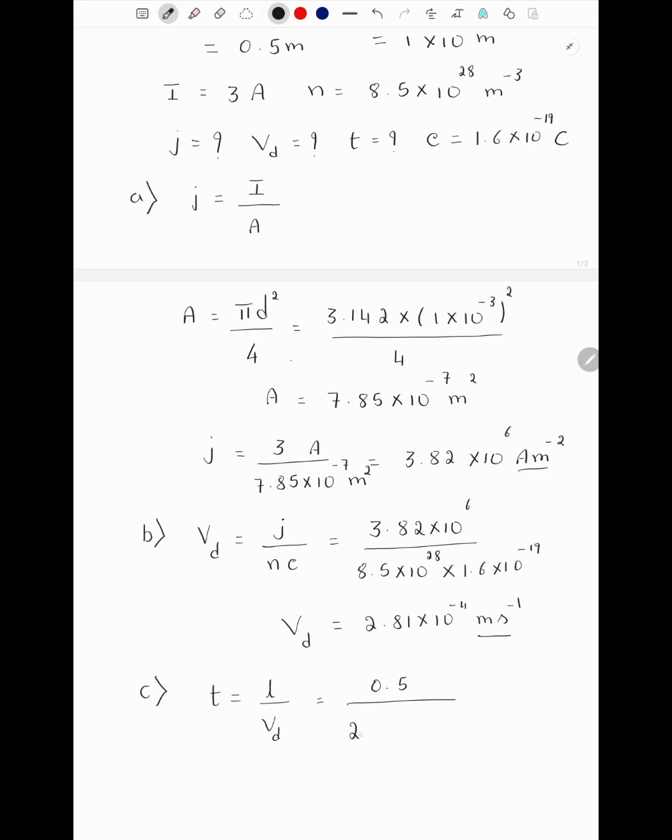We know that the drift velocity is 2.81 into 10 raised to minus 4. Therefore, the time taken by the electron to drift is 1.779 into 10 raised to minus 3 seconds. Okay, this is the time taken by the electron to drift. This is the 5-mark problem.